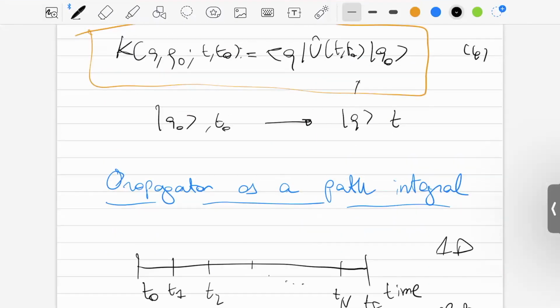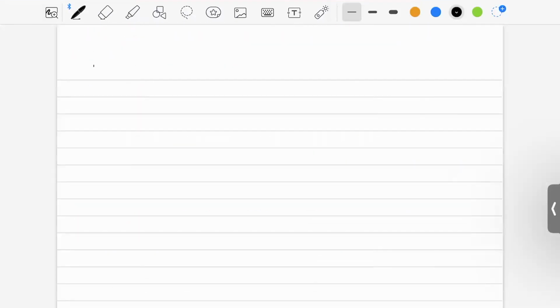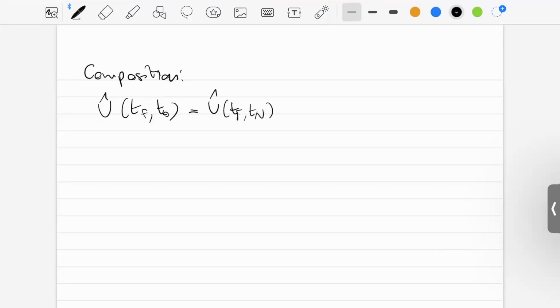So we write the evolution operator which goes from t0 to tf as a product of unitary operators: the operator from tn to tf, up to the operator from t0 to t1.